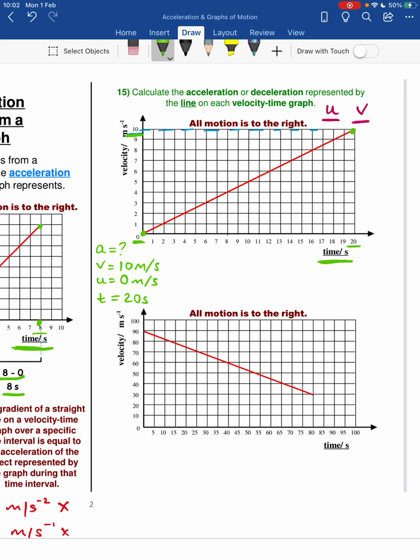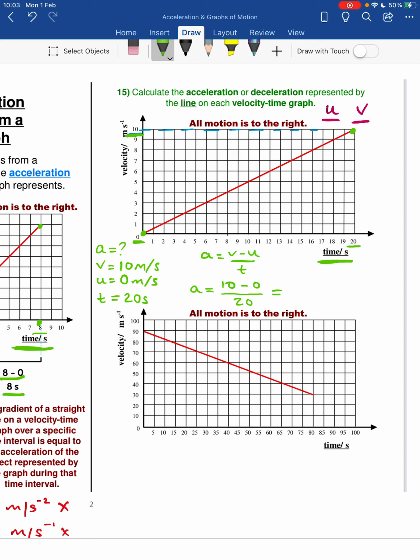What I want to do next is put down the equation v minus u over t, and then I can substitute. This time v is 10, and that gets taken away from u, which is 0, and that gets divided by 20. I would normally take a new line, but I'm going to just put it to the right hand side because I've no space.